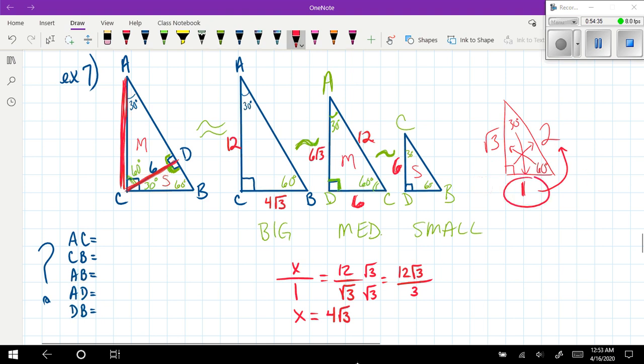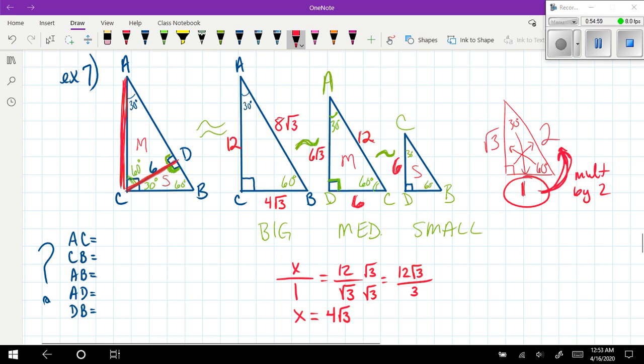If I have my short leg and I want to get my hypotenuse, all I have to do is multiply by 2. So I'm going to take this 4 root 3 right here and multiply it by 2. And what is 4 root 3 times 2? 8 root 3. And that finishes that triangle.